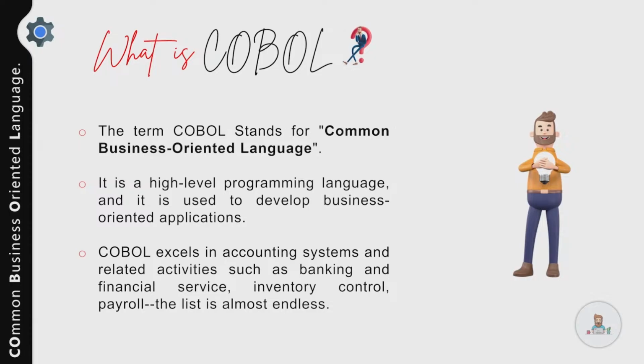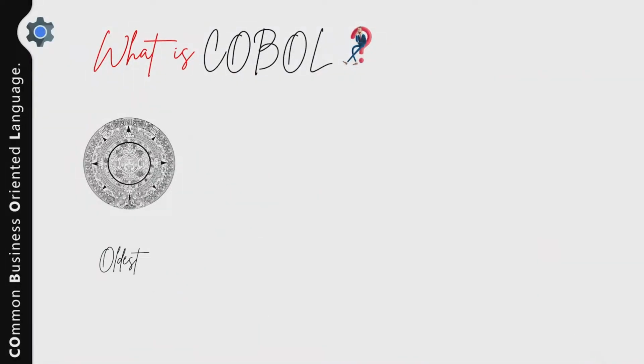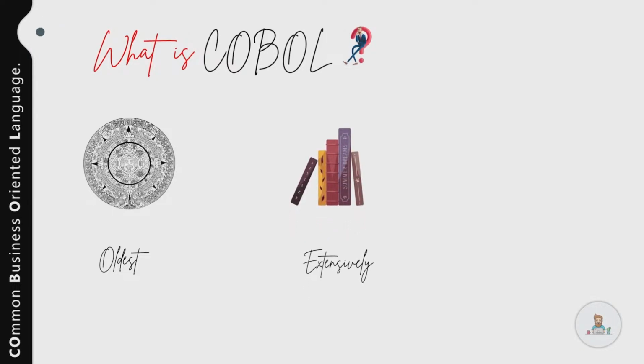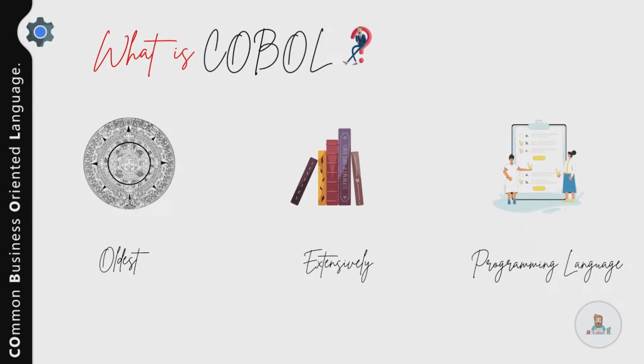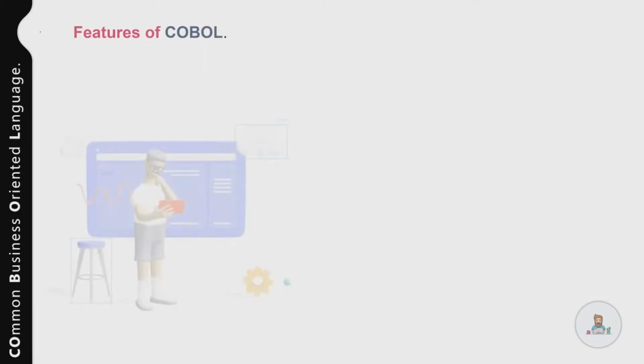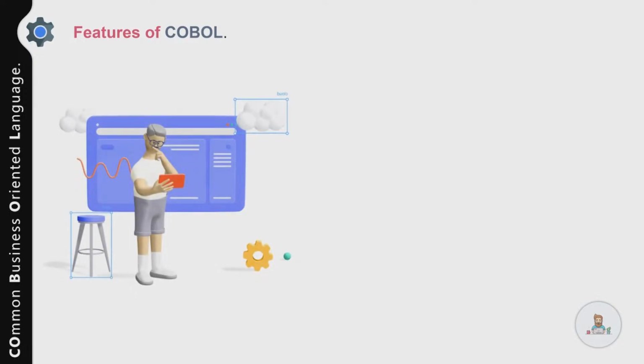The list is almost endless. So finally, COBOL is one of the oldest and most widely used programming languages. It is not only used on IBM mainframes, but it is also heavily used on Windows and the cloud computing platform.